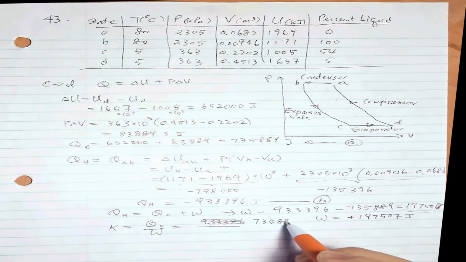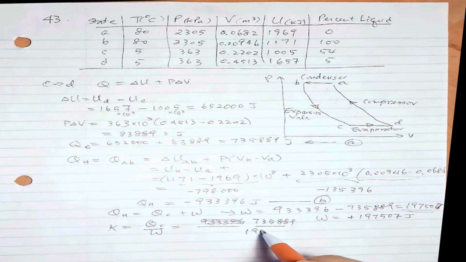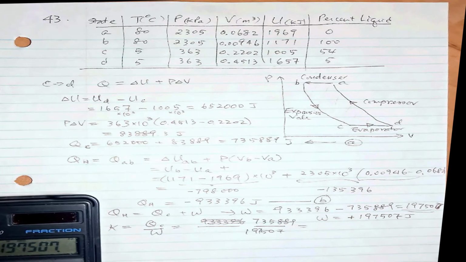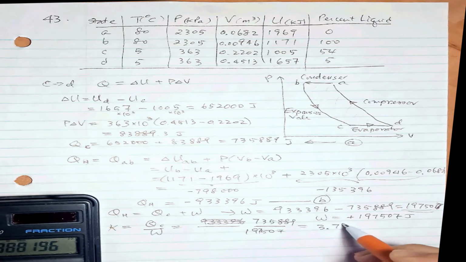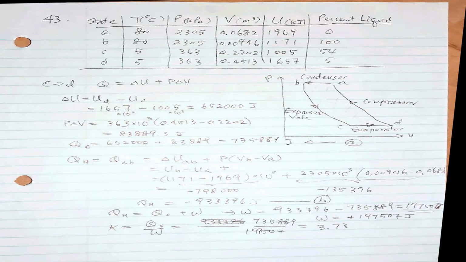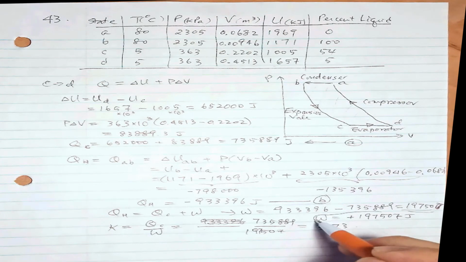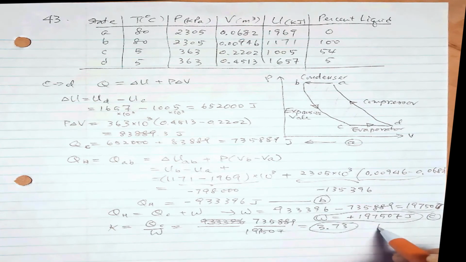That's 735,889 divided by 197,507. So I get a number of 3.73. 3.73 is the coefficient of performance. Okay, this is part C, and this is part D.